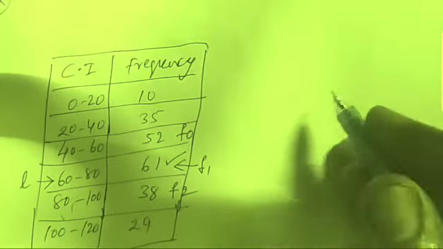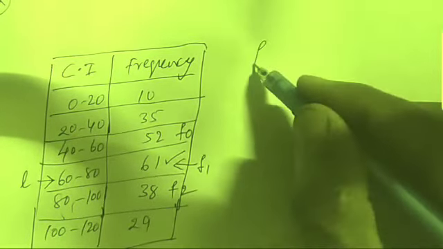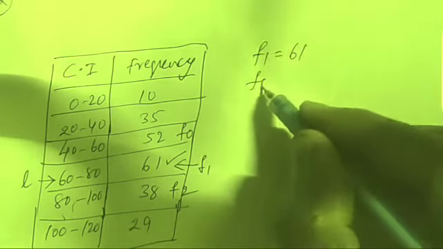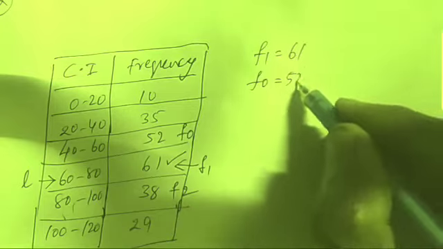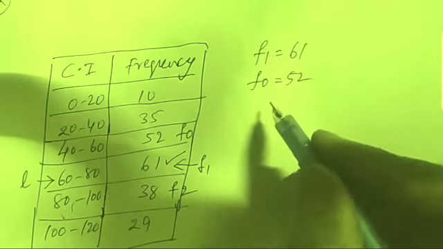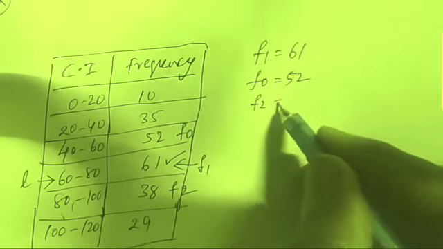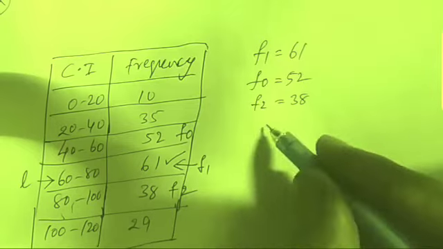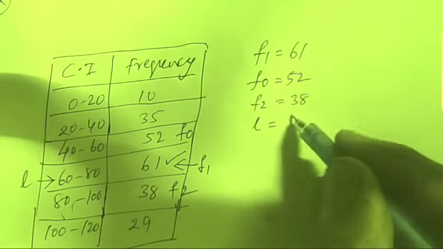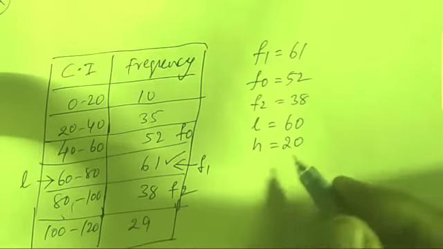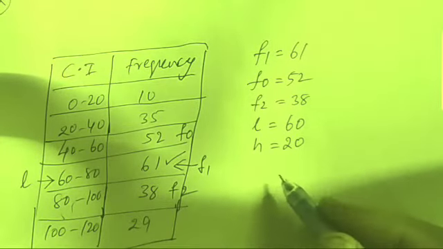So below F1, that is F2, that is 38. Above 61, that is F0, that is 52. Now I list out the values: F1 is 61, F0 is 52, F2 is 38, and L is 60, and H equals 20 minus 0, that is 20.